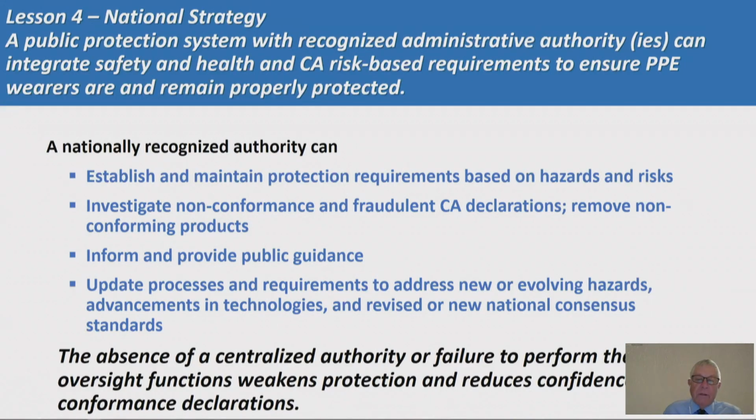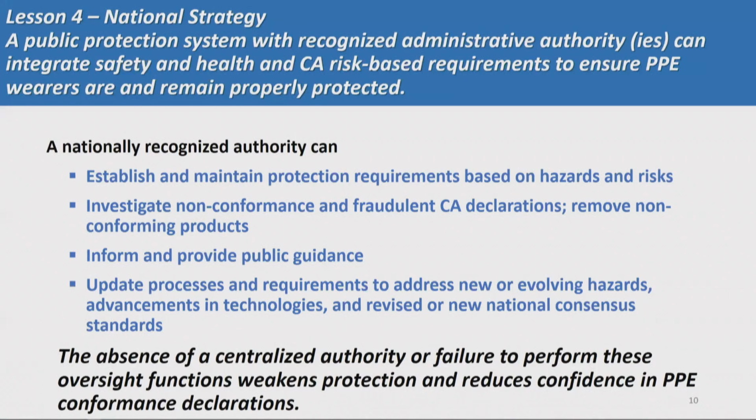So our fourth and final lesson is that a public protection system with recognized administrative authority can integrate safety and health requirements with conformity assessment risk-based requirements to ensure PPE used by the public wearers are and remain protected. Some of the activities that this authority can oversee are the establishment and maintenance of protection requirements based upon the hazards and risks.